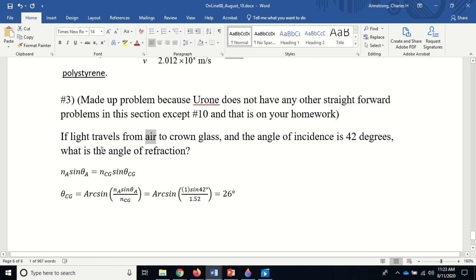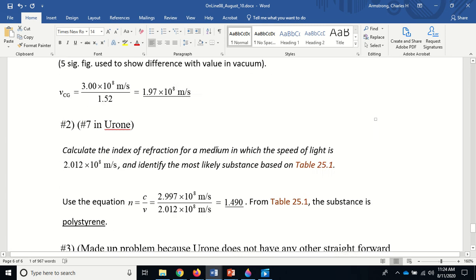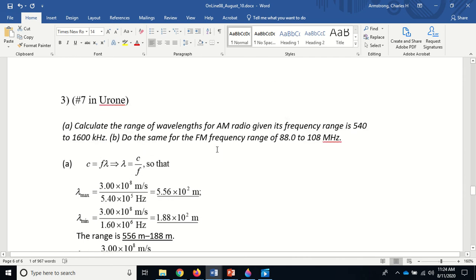So we solve for the crown glass angle. We get arcsine of this guy over here divided by the index of refraction for crown glass. Plug your numbers in, plug in the 1 for the air, divided by 1.52, so 26 degrees would be the answer. And that's it. Okay, so we are complete.